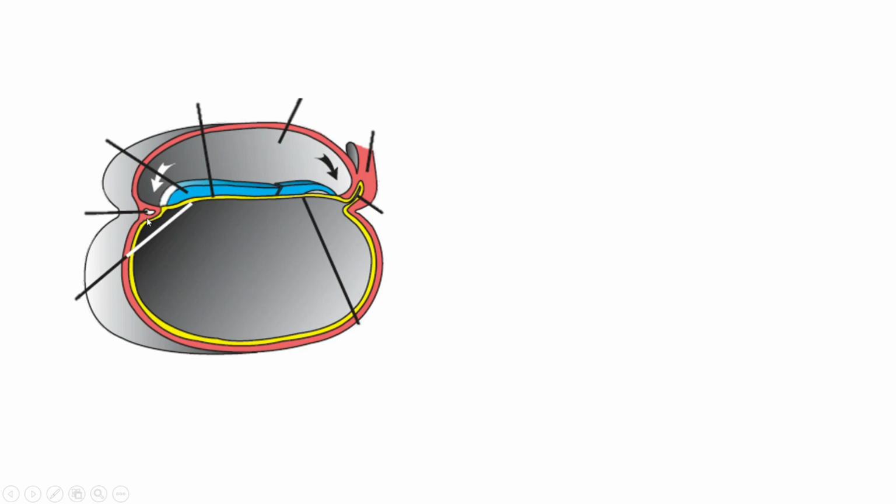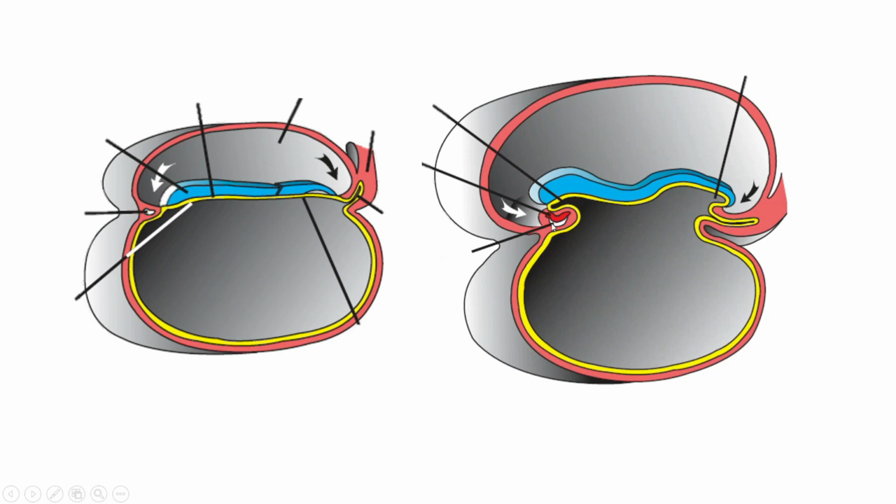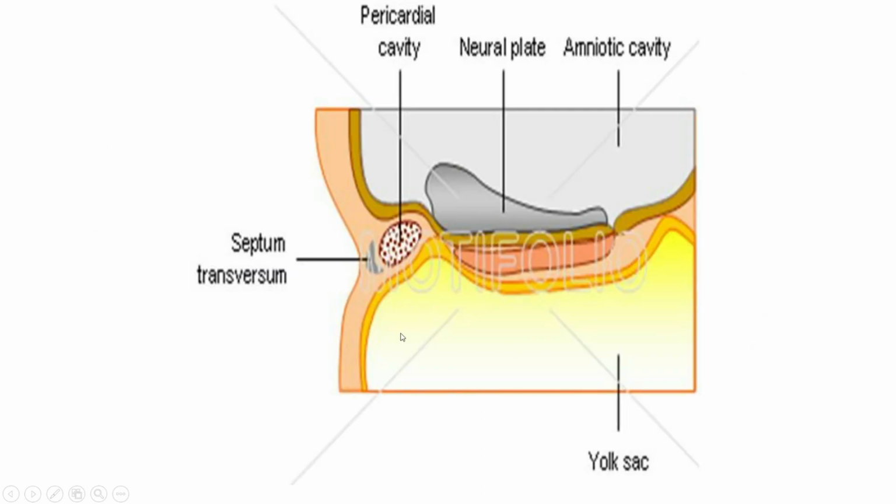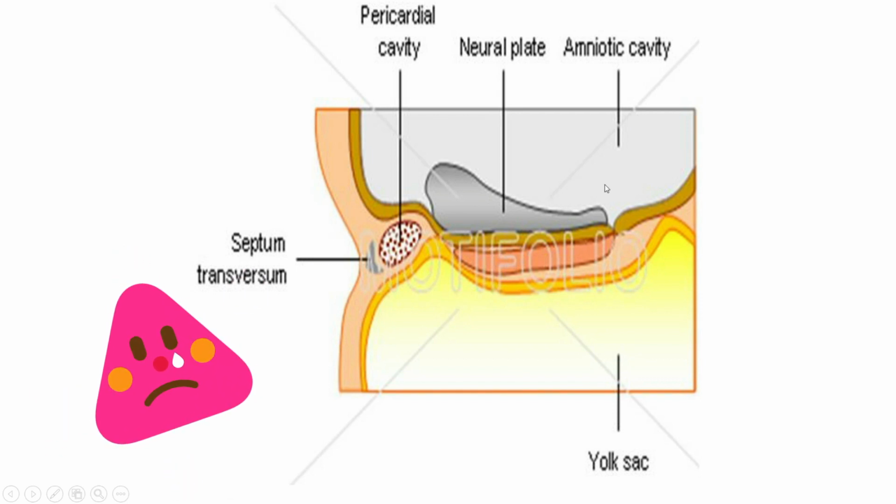So this is ectoderm, and everything in red is the mesoderm, and the yellow colored structure is the endoderm. Around day 22, the mesoderm that lies above the pericardial cavity becomes thickened as the septum transversum, and we will understand more clearly if we see the next picture. I've collected this picture from the internet, and I did not find any better picture, and I found this figure with this cross mark. Sorry about that.